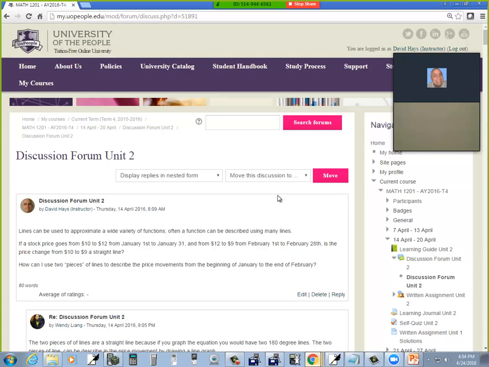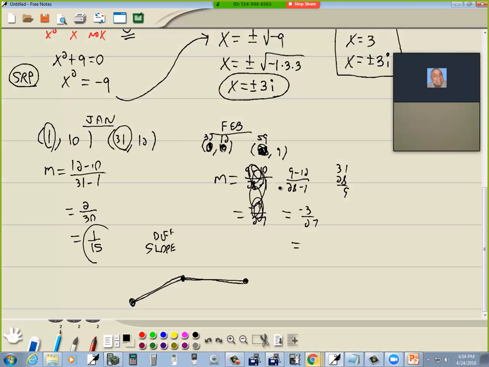Now it says, how can I use two pieces of lines to describe the price moves from the beginning of January to the end of February? This is a piecewise function. When it's different right here, then I could come up with whatever this line is, and I could come up with whatever this line is after I find a slope. And then I could say this is from the days of the year.